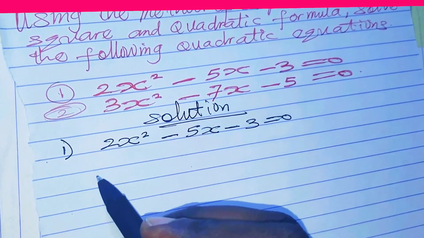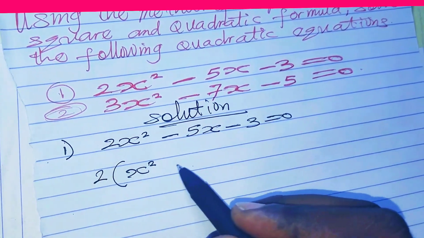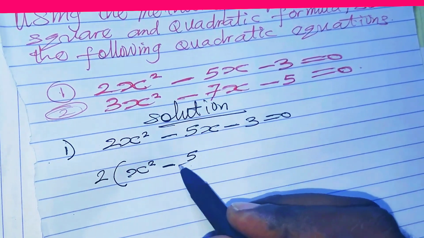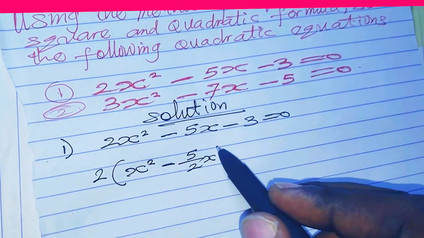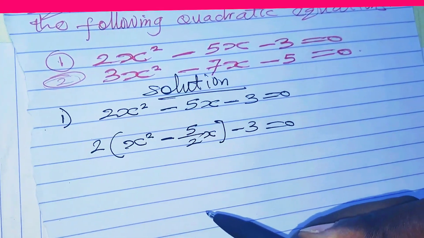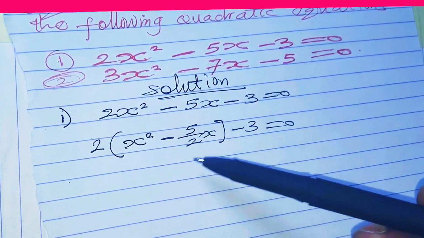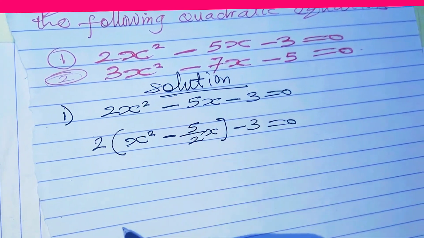So here is 2 in a bracket x squared minus 5 over 2 x, then minus 3 equal to 0. And then we need to have the coefficient of x squared as 1 before we take the next step.